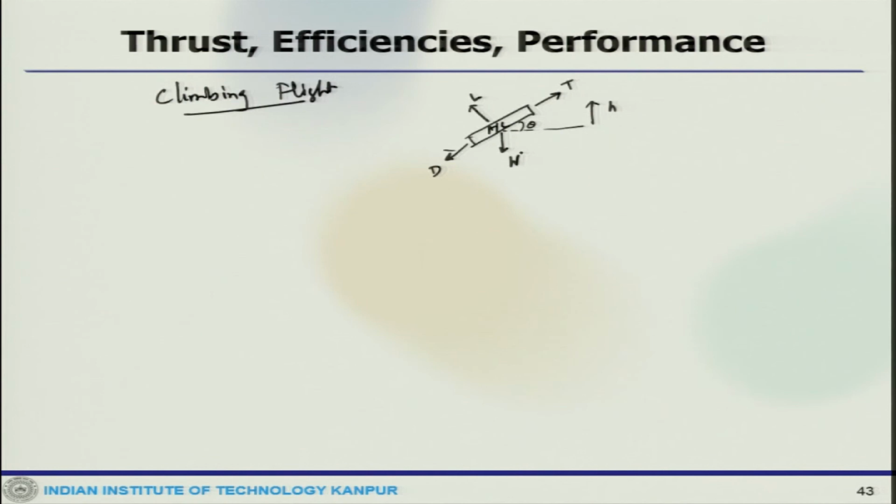So, any excess in power beyond that required to overcome the drag will cause the vehicle to increase its kinetic or potential energy. So, we consider this case by resolving the forces into different directions of the flight and equating with the acceleration.